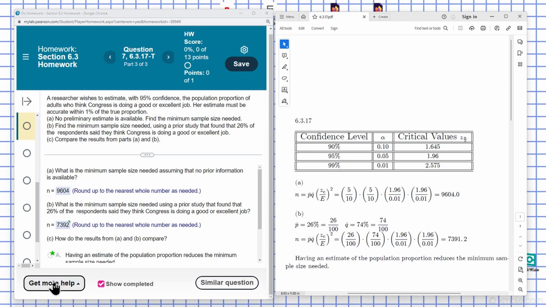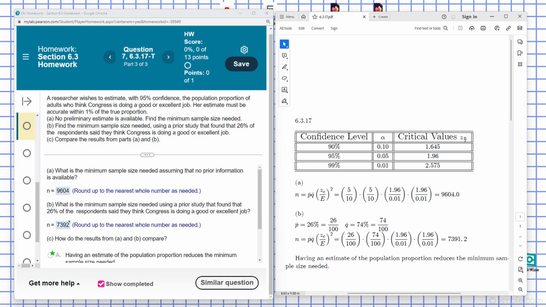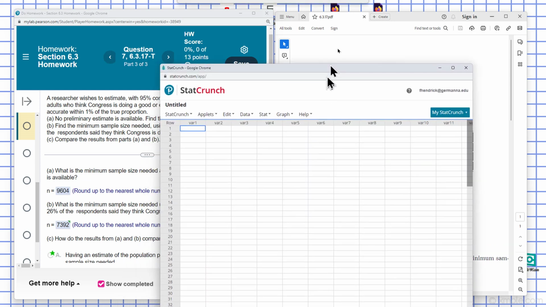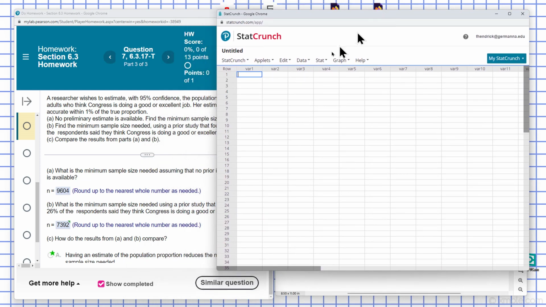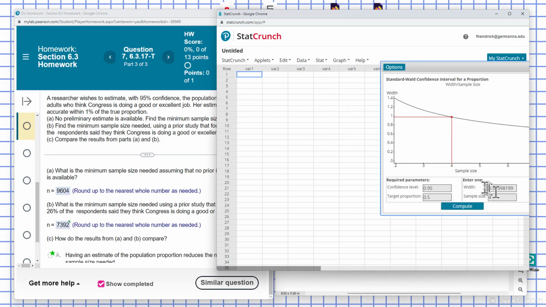You can check it by going to StatCrunch. Go to Stat, Proportion, One sample. This is width. In this case, the width corresponds to the error.